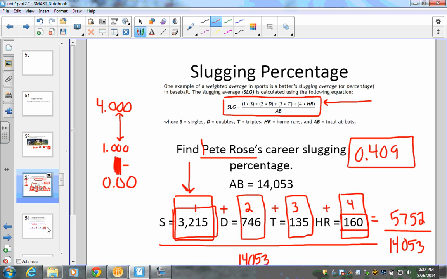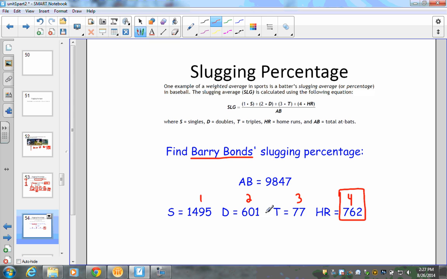So right off the bat, you can pretty much guess that his slugging percentage is going to be a little higher. So once again, take all this information. We're going to add everything together after we multiply, and when we get our answer, we are going to put it over the number of at-bats, which was 9,847.